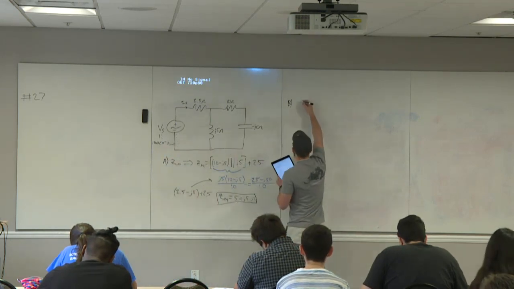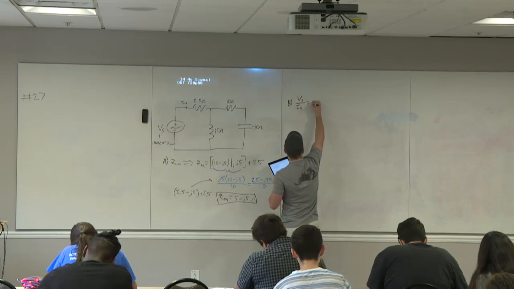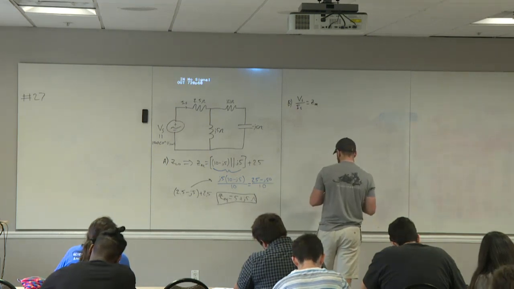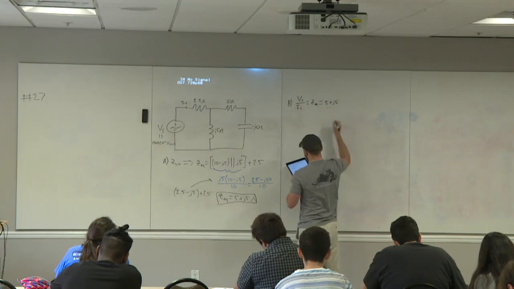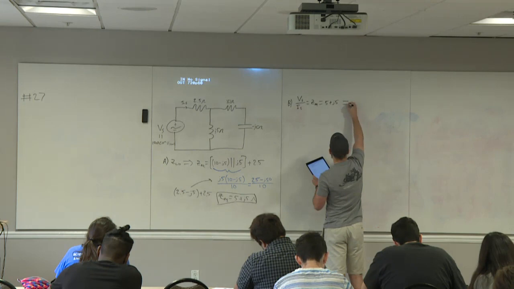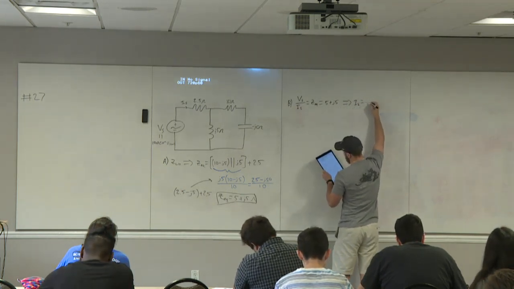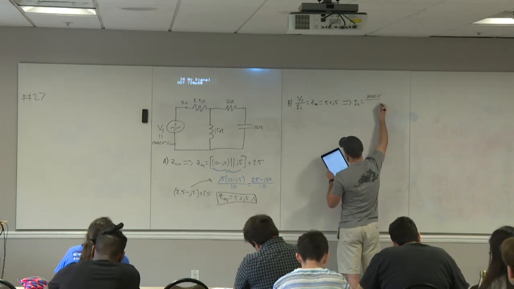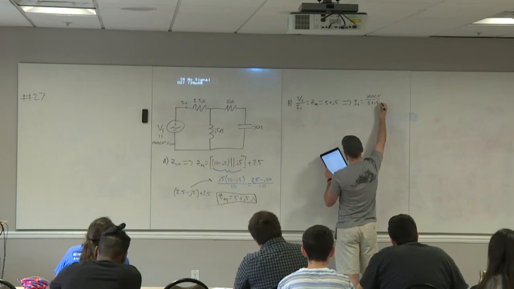So Vs over Is is equal to 5 plus J5, right? And then we plug in for Vs. We'll basically get that Is is equal to 100 angle 0 degrees over 5 plus J5.